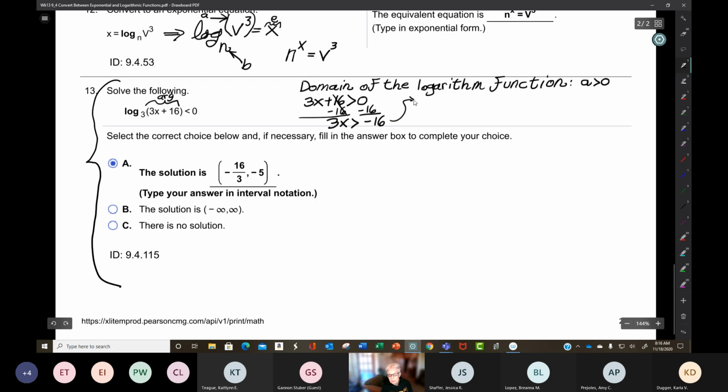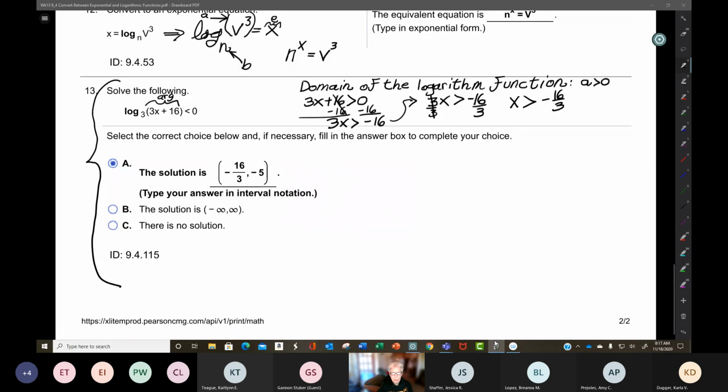So we'll have 3x is strictly greater than negative 16. Divide by 3. Divide by 3. X has got to be greater than negative 16 over 3. Well, let's get an approximation of that, shall we?